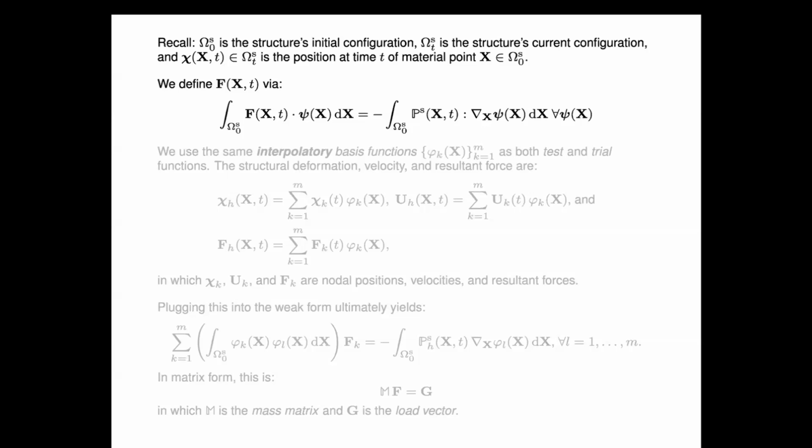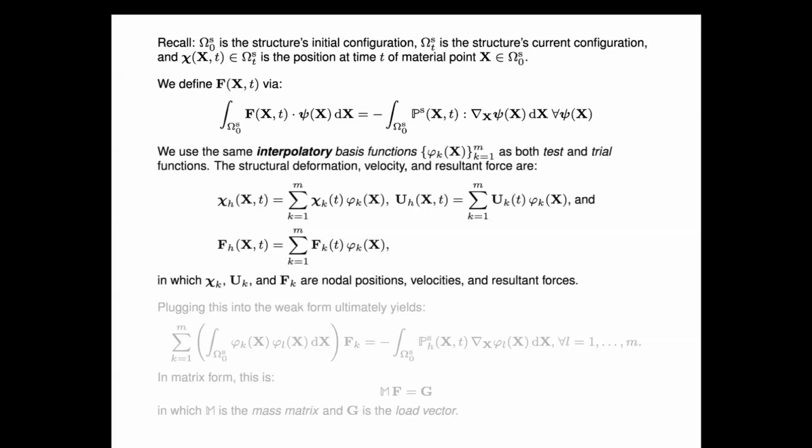I didn't say it, but it was on the slide. Omega naught is the structure's initial configuration. Omega t is the structure's current configuration. Chi is the mapping from reference coordinates to current coordinates. And this is how we are defining the structural force that is driving the motion.